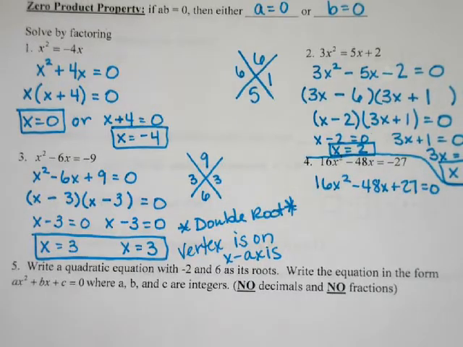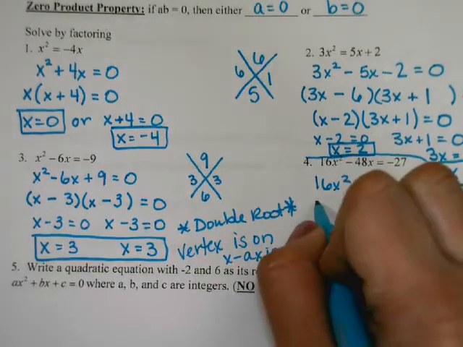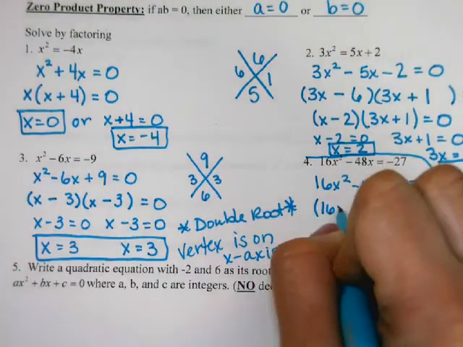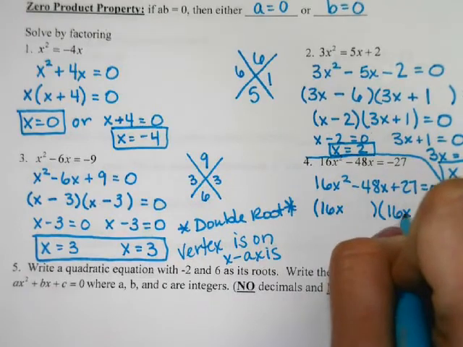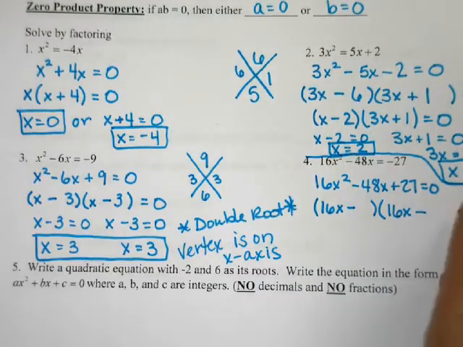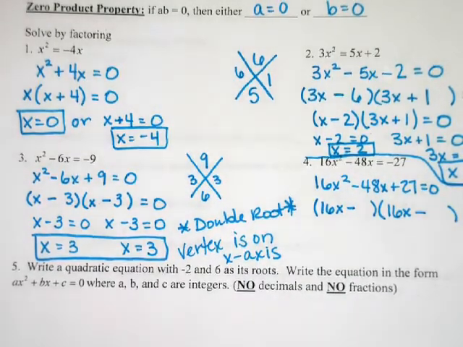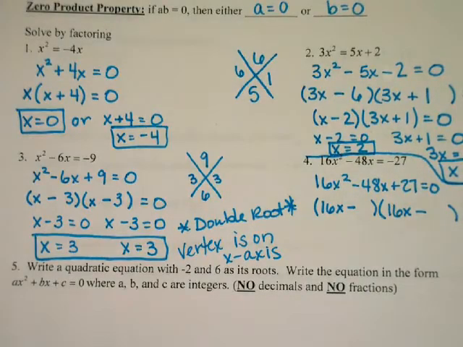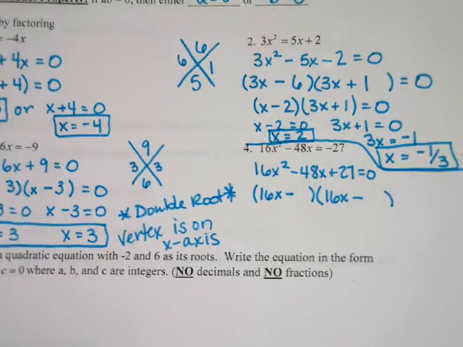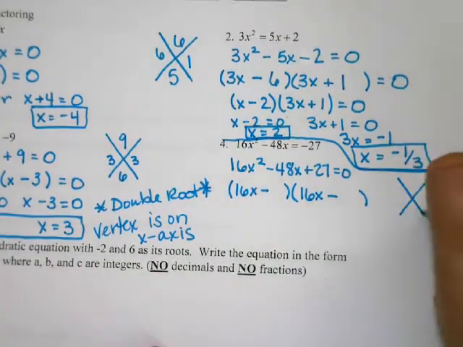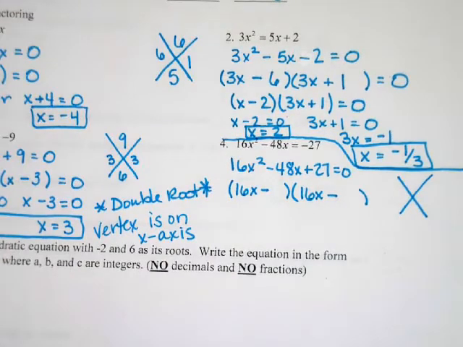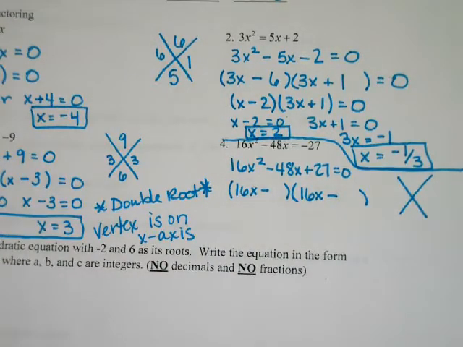Alrighty, here we go. Head first. I have a minus and a plus, so it's going to be a minus and a minus. Okay, my magic X. What goes in the top?